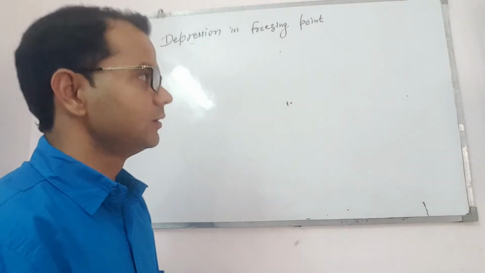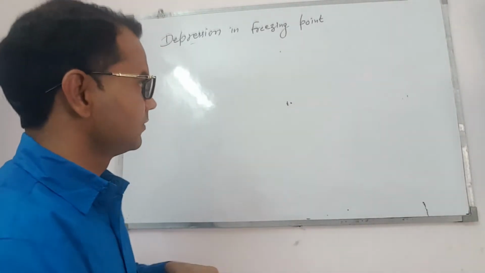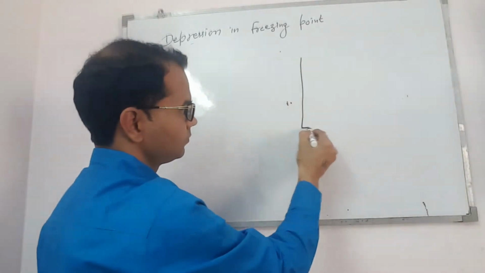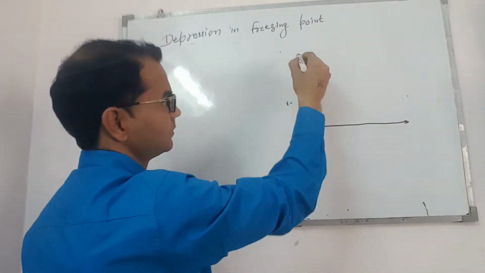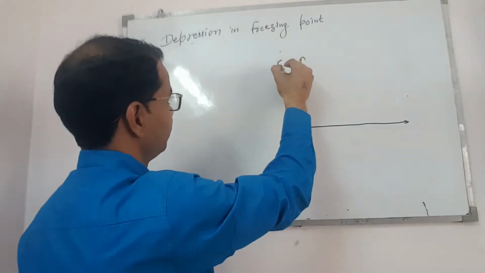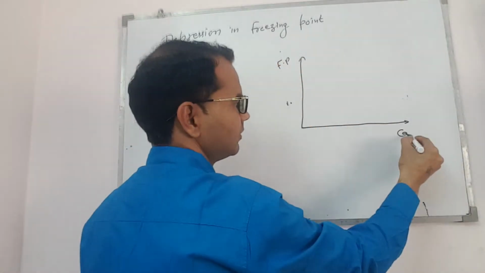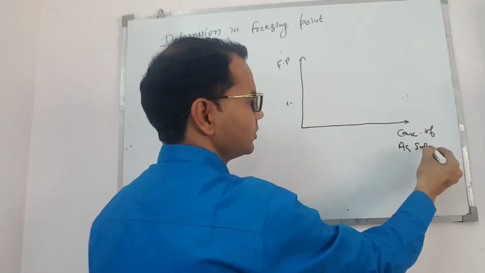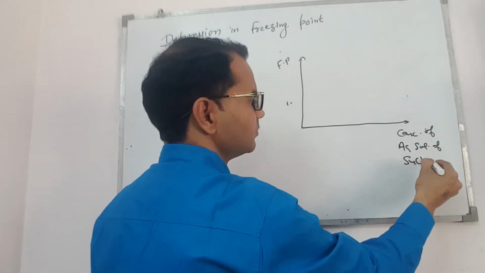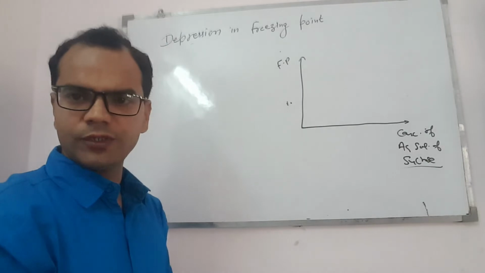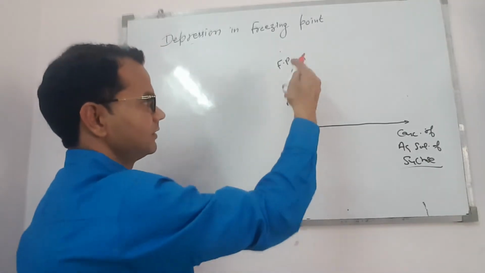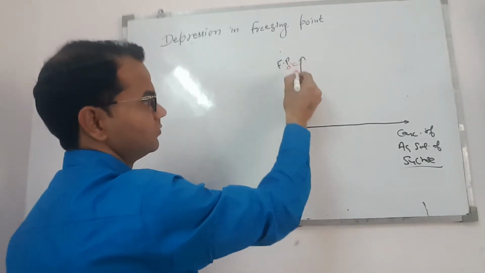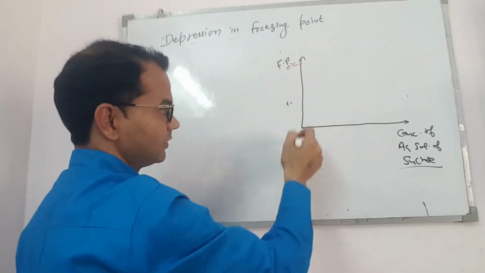Let me plot a graph again. The graph is freezing point versus concentration of an aqueous solution of sucrose. As we know, the freezing point of pure water is 0 degree Celsius, so there will be a decrease in freezing point.